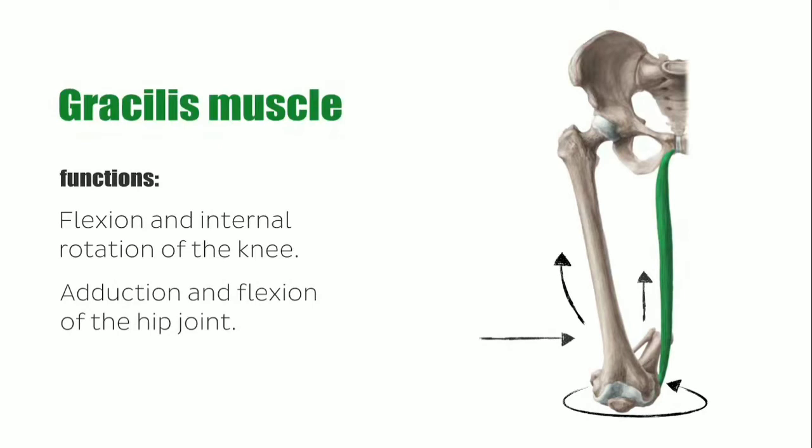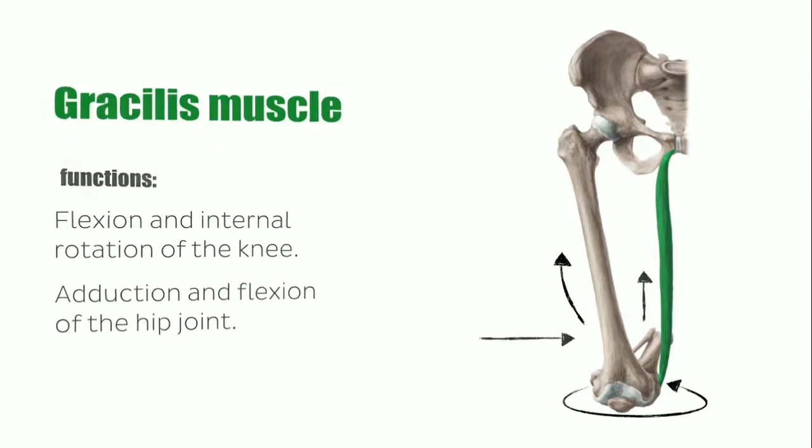Now, I also wanted to make a point here in this tutorial about an insertion point that we talked about before, the pes anserinus. That is an insertion point for different muscles. And this is a popular exam question, so I wanted to highlight it on this slide. The pes anserinus is a roughly goosefoot shaped insertion point for the following three muscles.